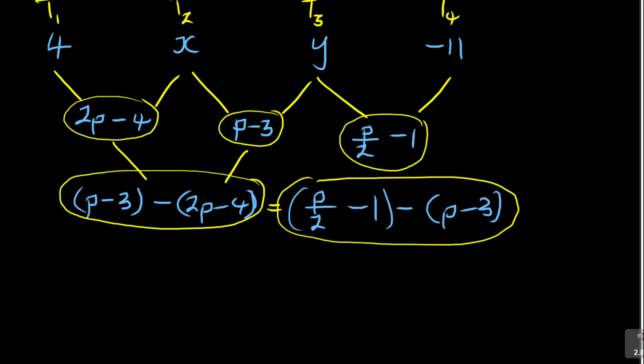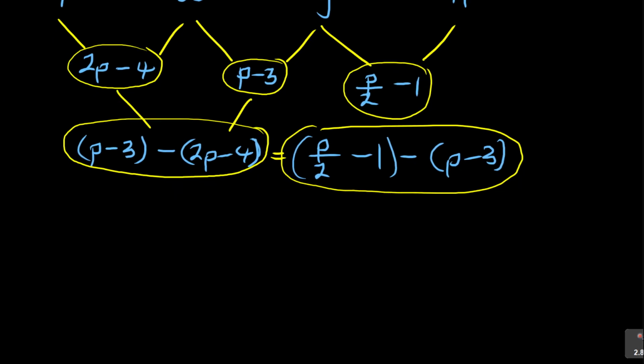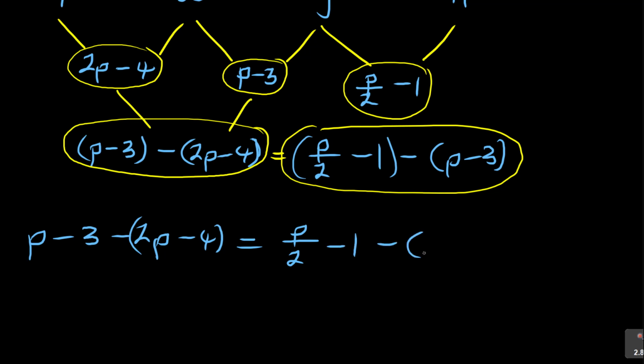Are you seeing that? That's the key thing there. So we are going to say p minus 3 minus 2p minus 4 is equal to p over 2 minus 1 minus p minus 3.